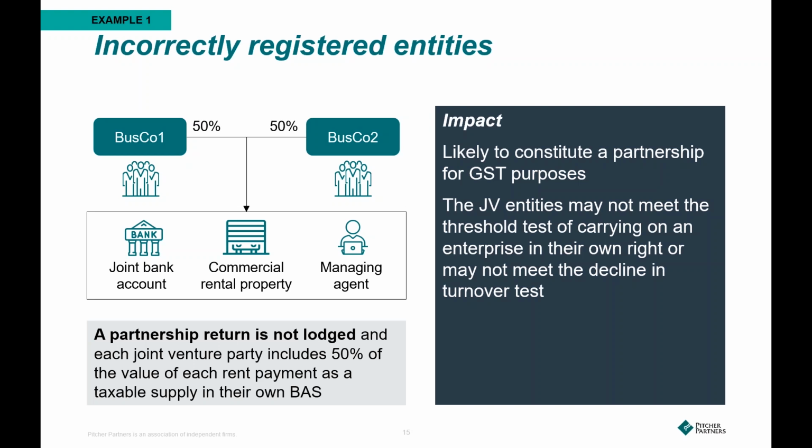So the impact of that is that those JV entities, if they separately assess their own eligibility for the JobKeeper scheme, may not in fact get off base one because they won't satisfy the relevant test of carrying on an enterprise in their own right, and they won't be able to actually determine an appropriate decline in turnover unless they have the right GST registration.